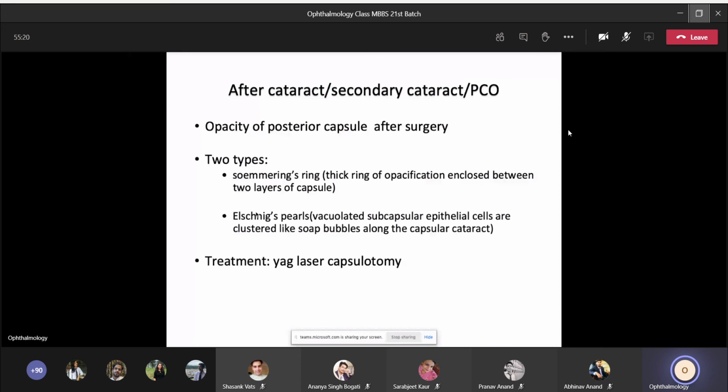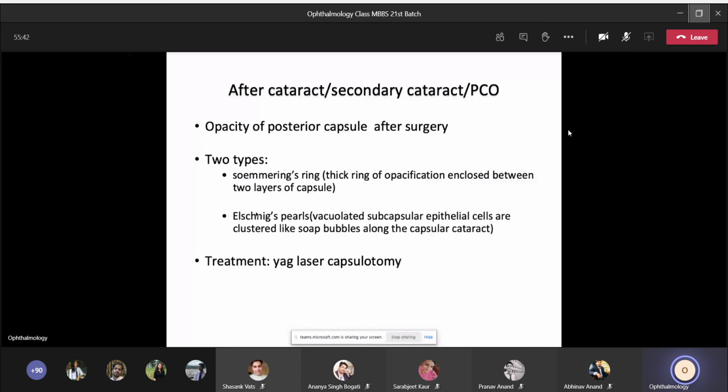Once the opacification has developed, the light won't be able to pass through this opacity, so we have to make another opening so that light can pass through the lens. We make an opening in the posterior capsule, and this procedure is known as capsulotomy.